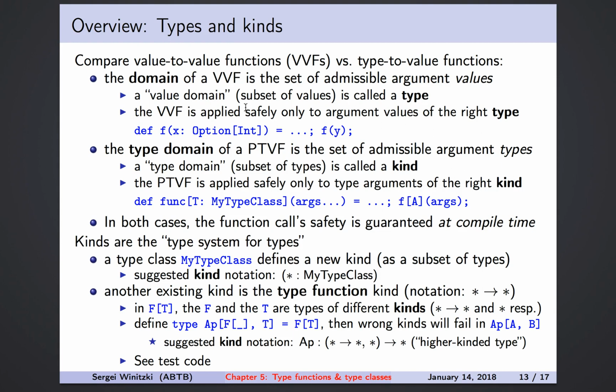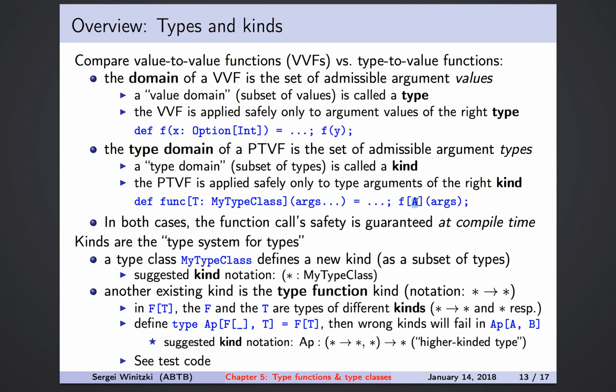Similarly to a value-to-value function that can be only applied safely if the argument values are of the right type, a function like this, where we declare its type parameter constrained to be in some type class, can be safely applied to a type parameter A only if A belongs to this type class. We say only if A is of the right kind.